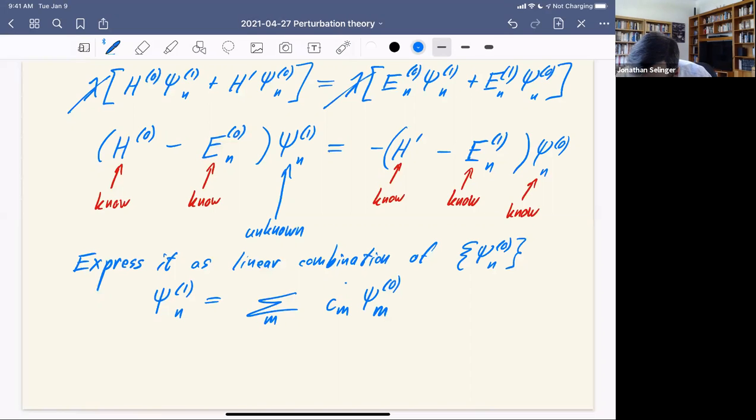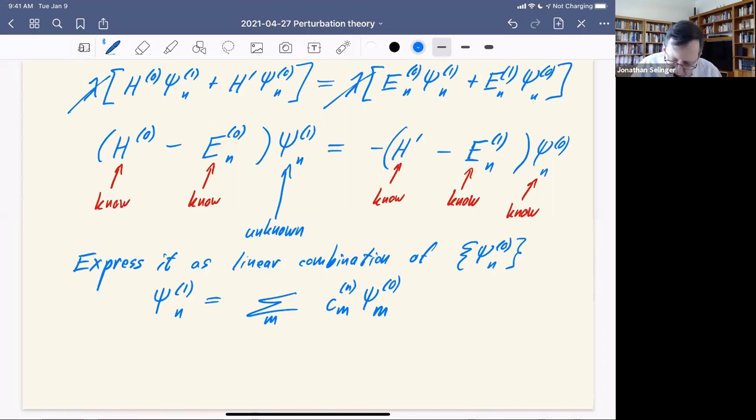So it better have a label n on it also. Does this look good so far? We're just going to express it in terms of the basis.